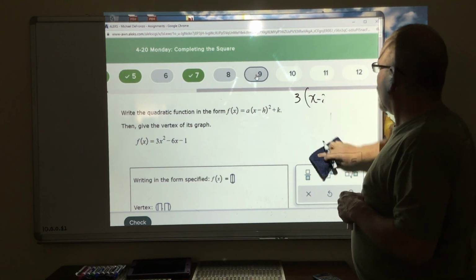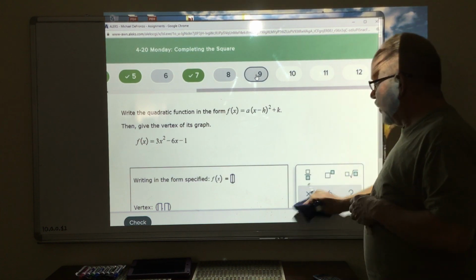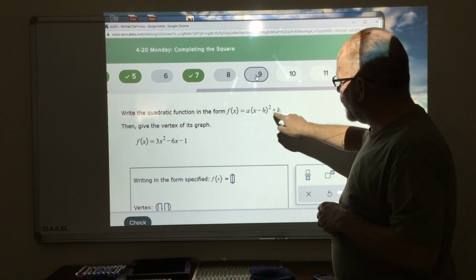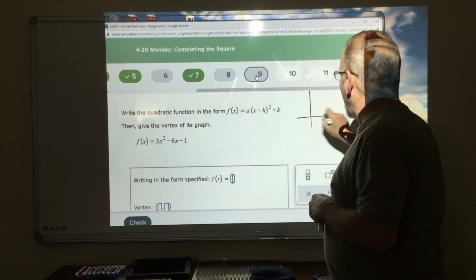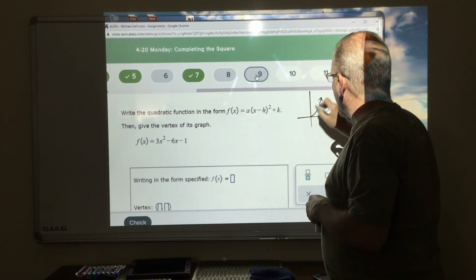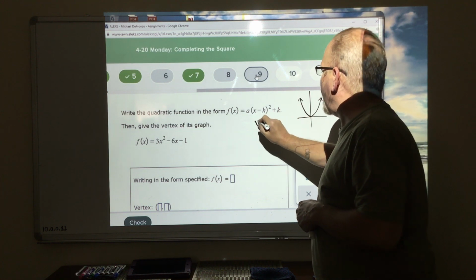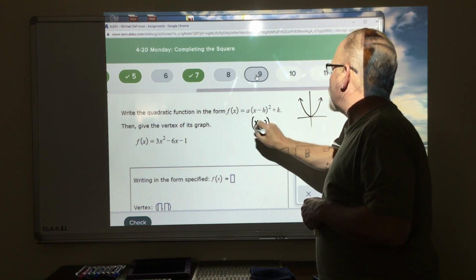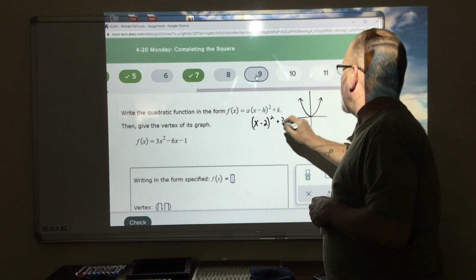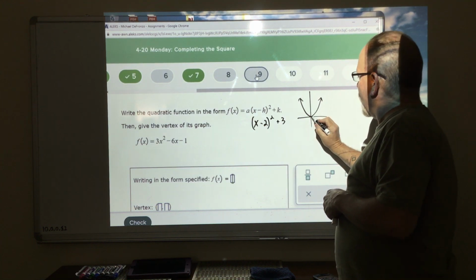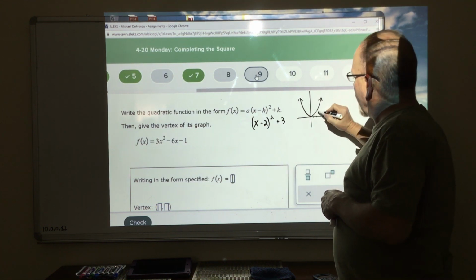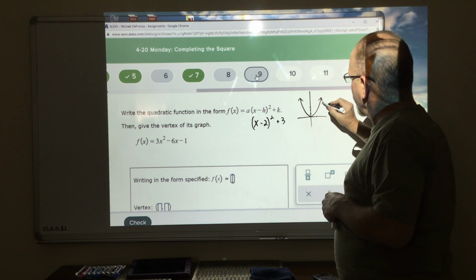Okay. Well, what we're doing when we do that is we're finding the vertex. So if you had x squared, here's the vertex at 0, 0. If I shifted it, let's say I had x minus 2 squared plus 3, I would shift this 2 to the right and 3 higher.